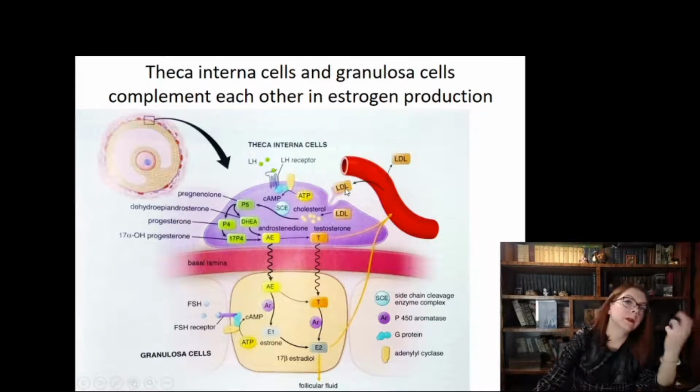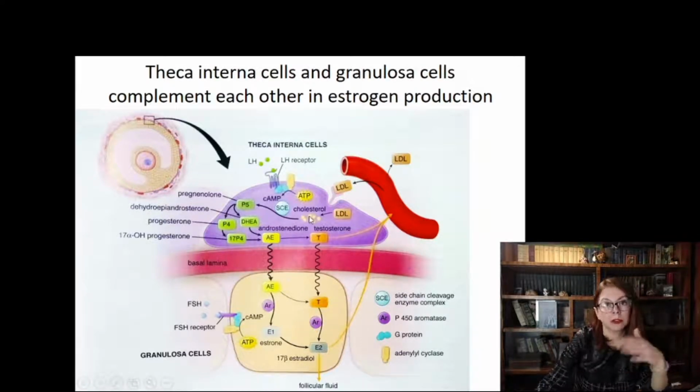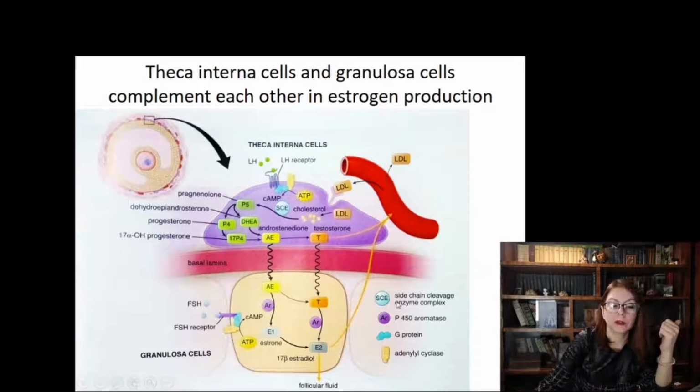Low-density lipids are captured from the bloodstream. You remember those lipids, yeah? They contain cholesterol. Cholesterol is liberated from low-density lipids, and under the action of the side chain cleavage enzyme complex, is converted into the precursors of androgens.